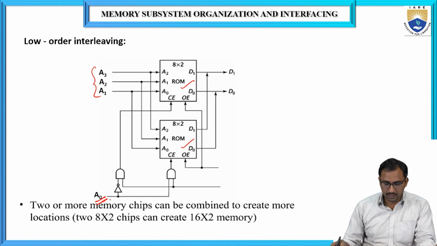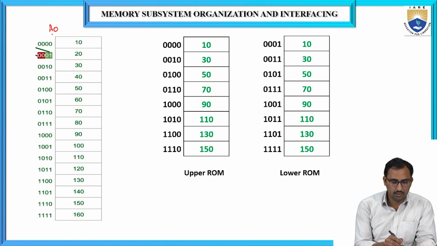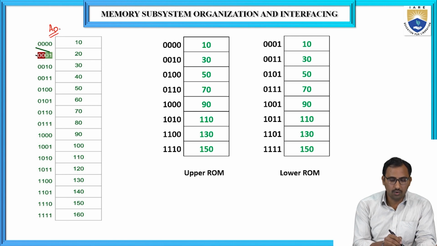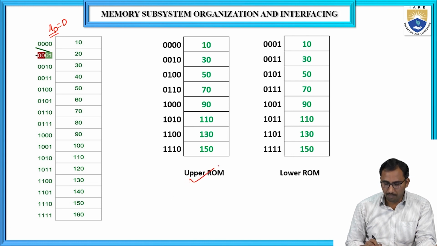So here, when A0 is equal to 0, the upper ROM contains these memory locations.